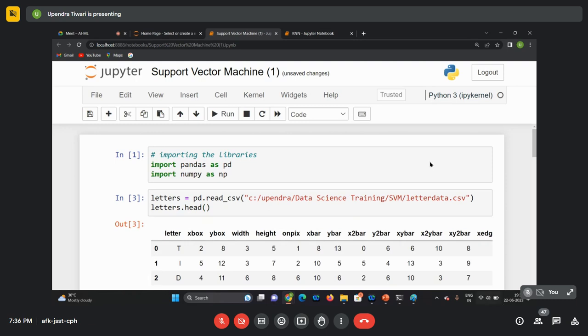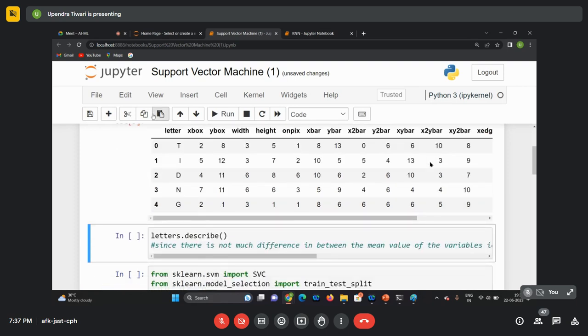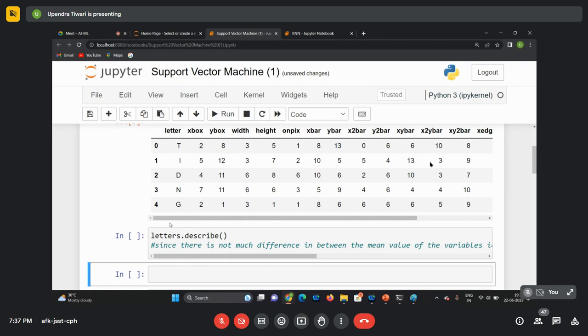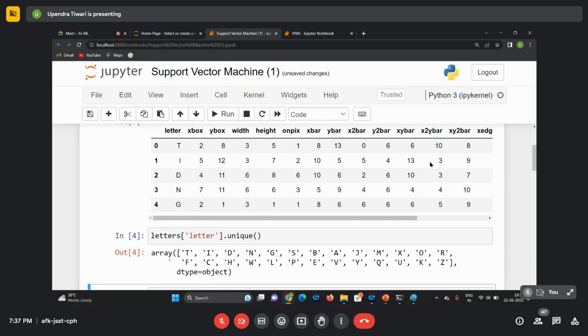If I see the unique values in this letter column, letters dot unique, how many alphabets are there? 26 here.